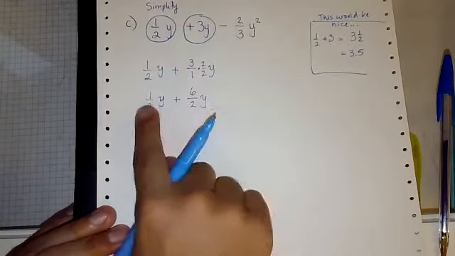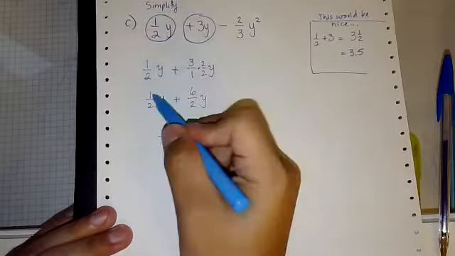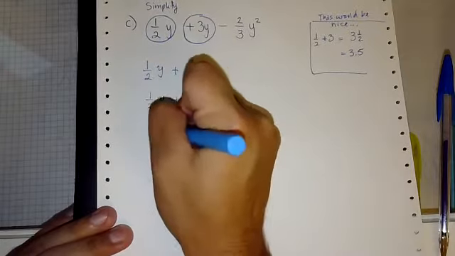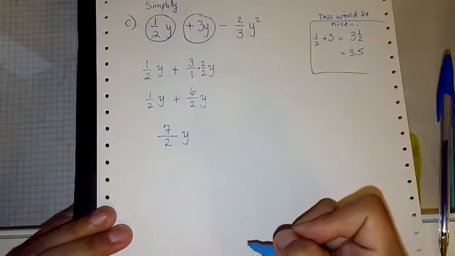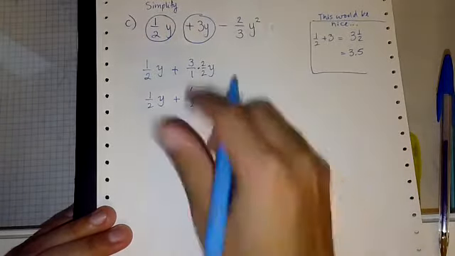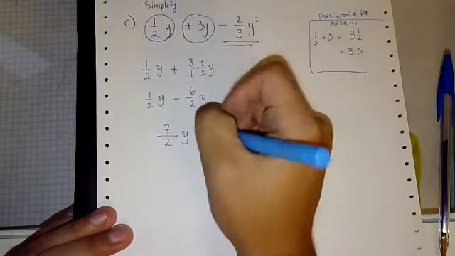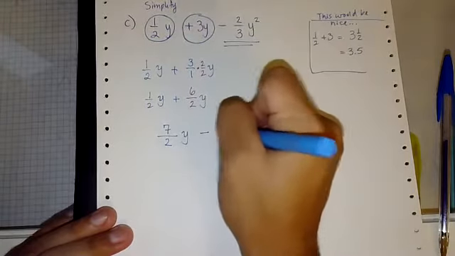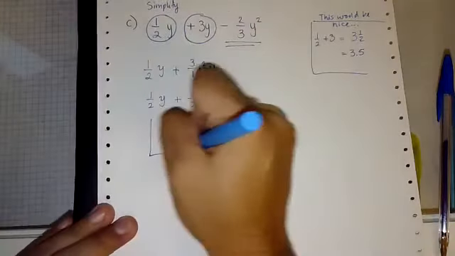So when you add these two numbers together, you keep the common denominator and add the numerators. So this should now be 7/2 y. And since this is a different term, it has a different exponent, that will be minus 2/3 y squared. And so this would be simplified.